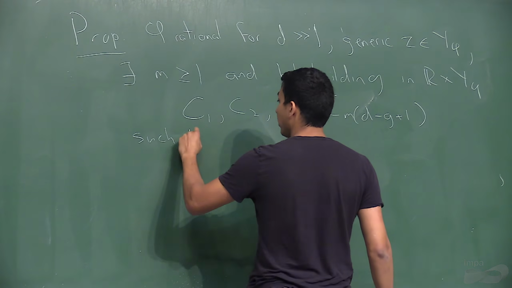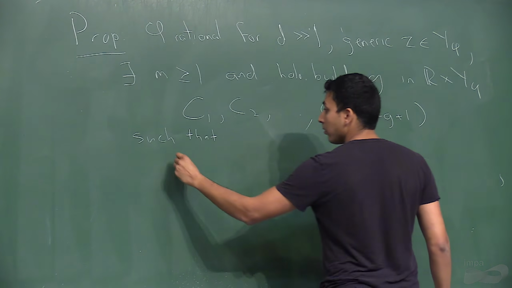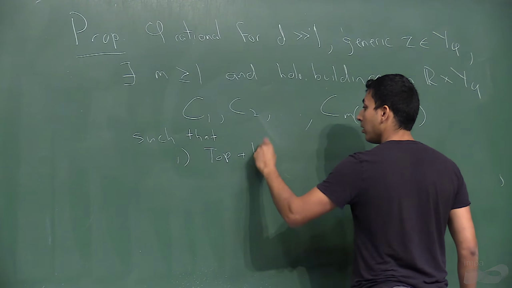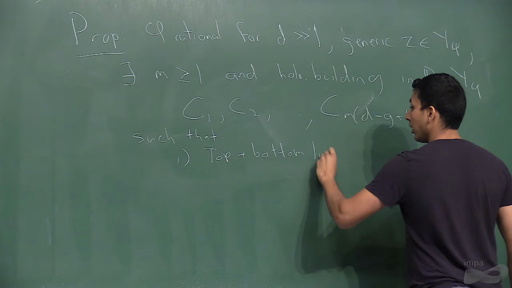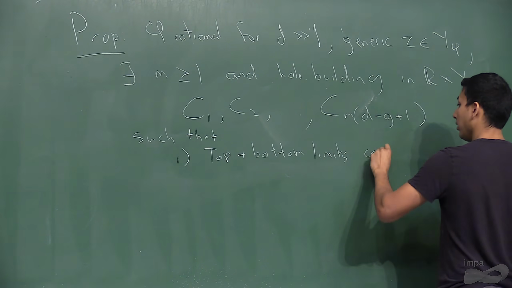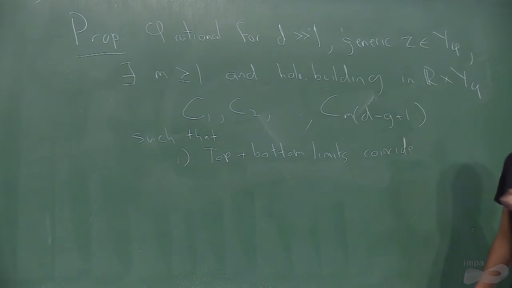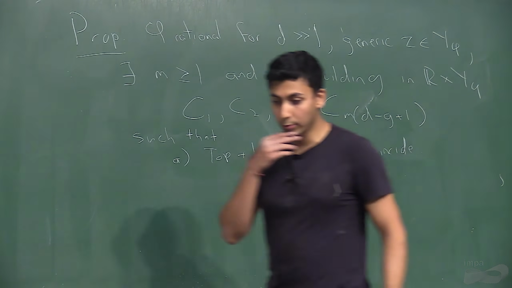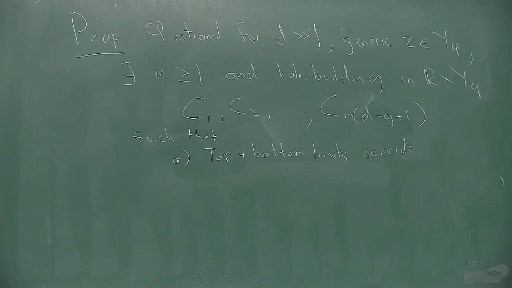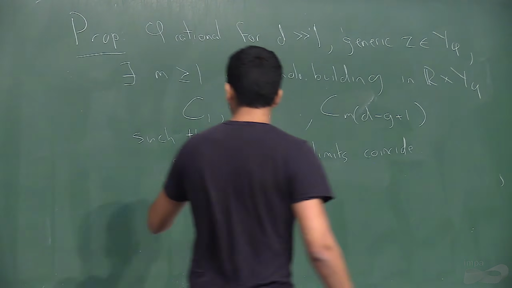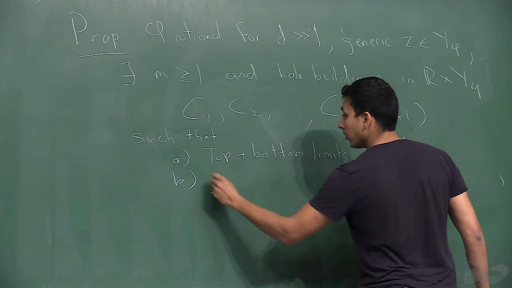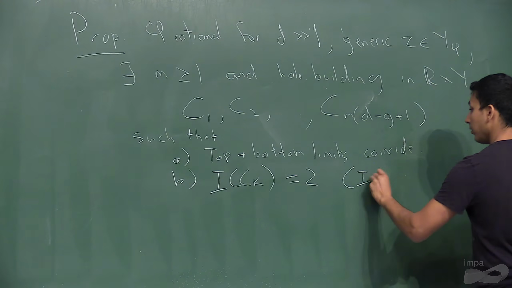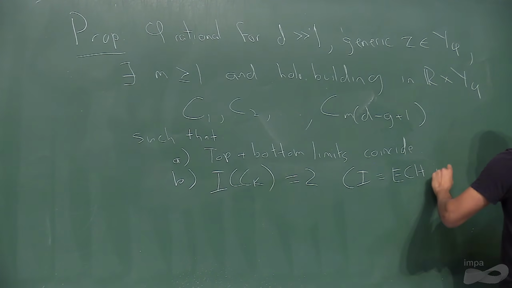And this building satisfies a bunch of properties. The first property, A, is that the top and bottom limits, so these are sets of Reeb orbits, coincide. Then B is that each of these curves, C sub k, has ECH index 2, so I equals the ECH index.